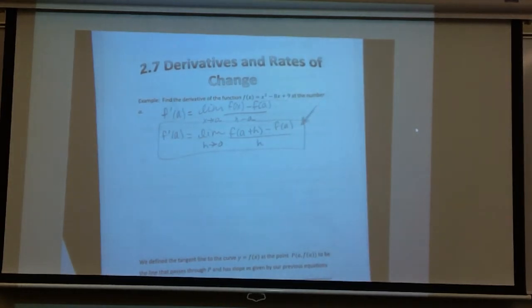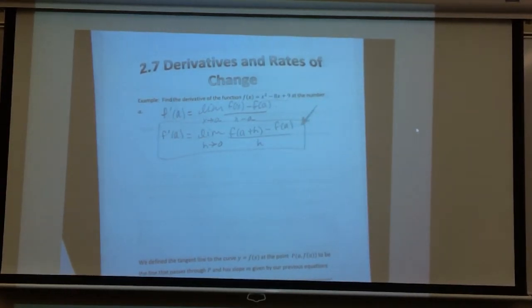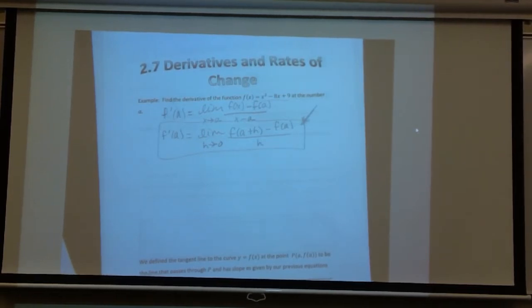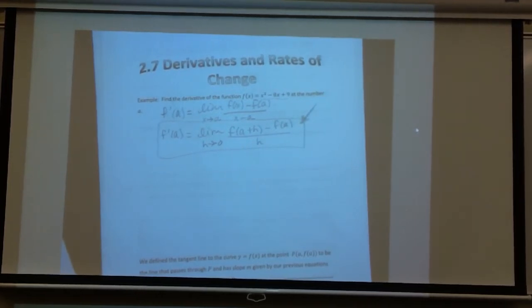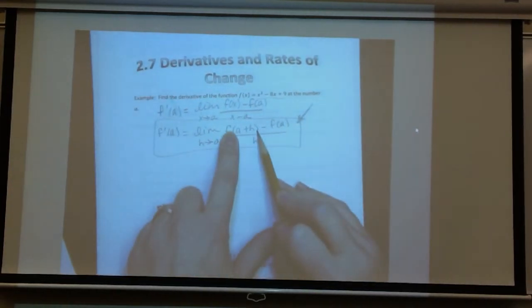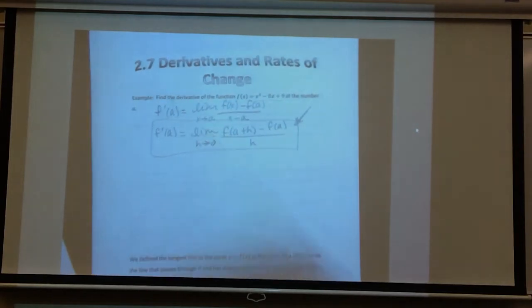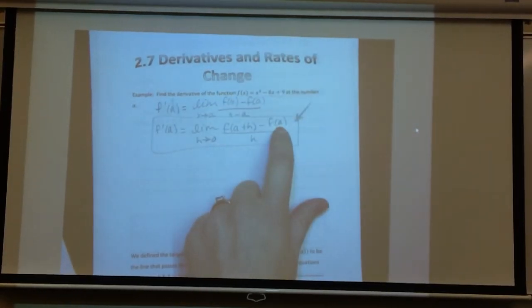Is f of a the same thing as f of x? Like, do you plug that thing in? Like on the second one, the f of a, is that the function? It's the function evaluated at a. So you just put a in for x? No, you put a plus h in for x. No, I know, but you're evaluating the function at a here, so that's the last number you get.